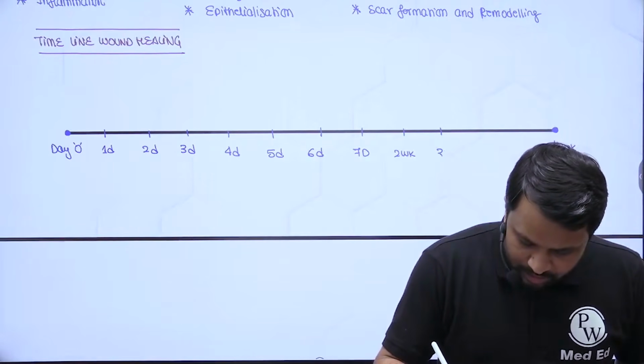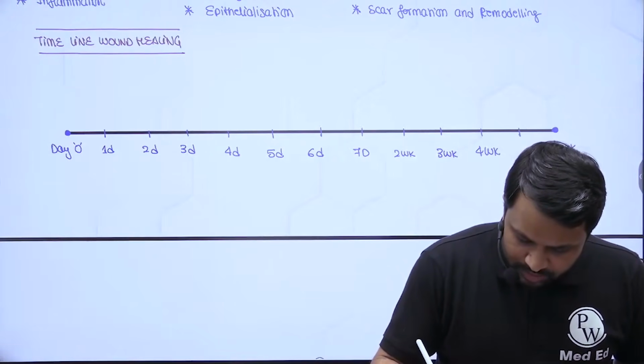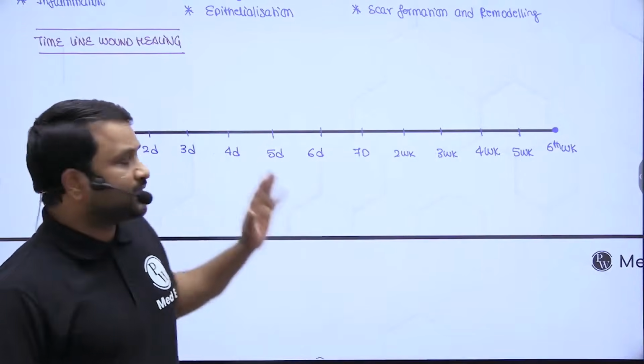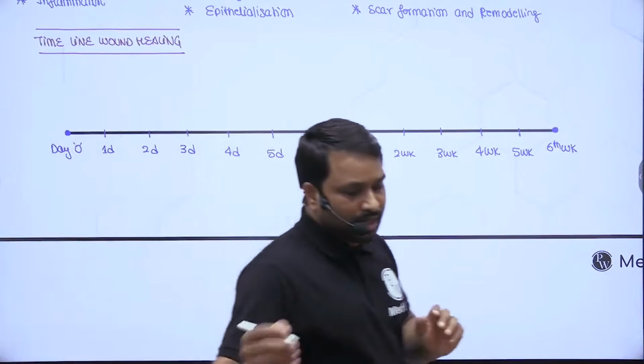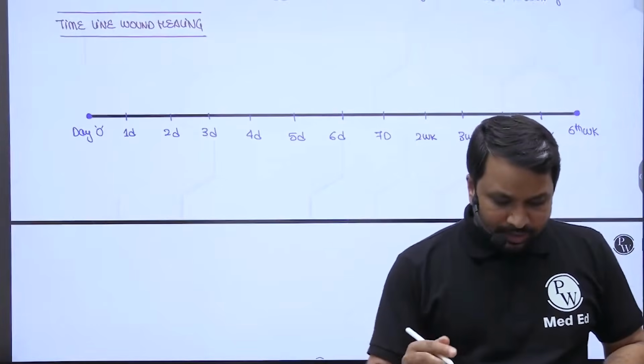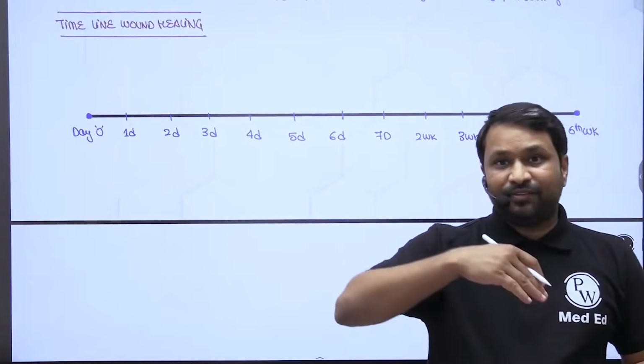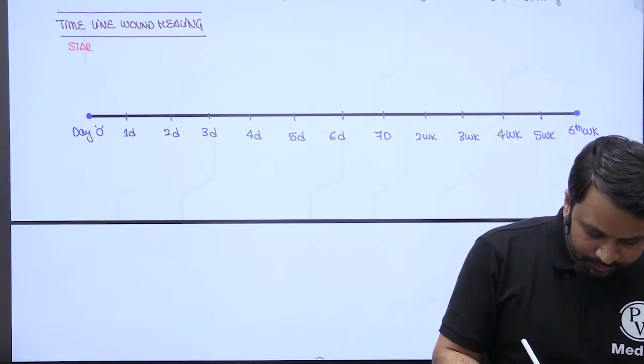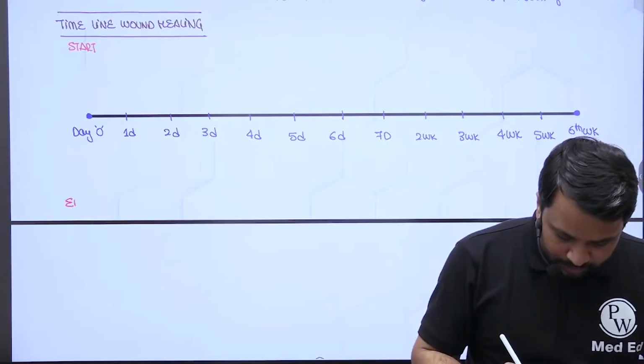This is going to be your 3rd week. This is going to be your 4th week. This is your 5th week. And at the end, you have the 6th week, right? So these are the phases of the wound healing starting from day 0 all the way to the 6th week. Now, in the timelines of wound healing, you will write everything that is going to start above this. So this is the start point, and this is going to be the end point, right?